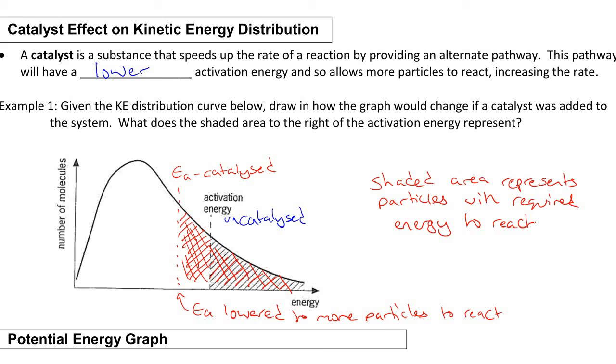When we add a catalyst, the pathway changes and the amount of energy required when the particles collide to react with each other becomes less. Less energy required, therefore more particles now have the new lower requirement energy, and therefore they react, and our reaction occurs much quicker.